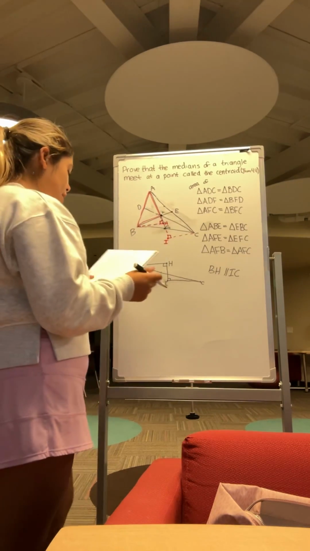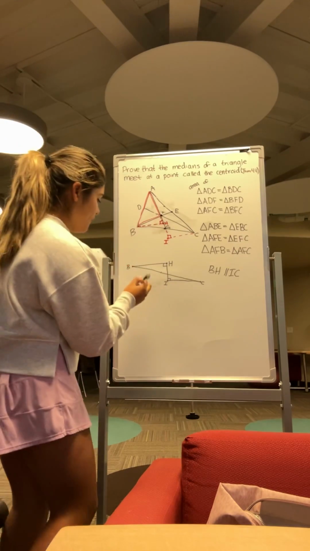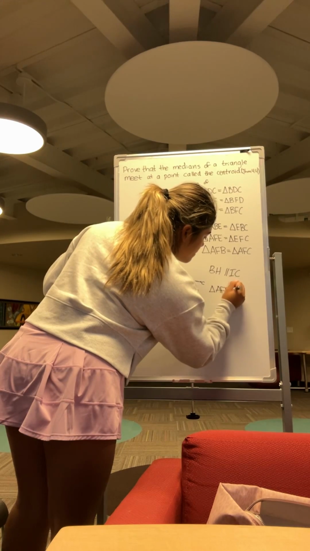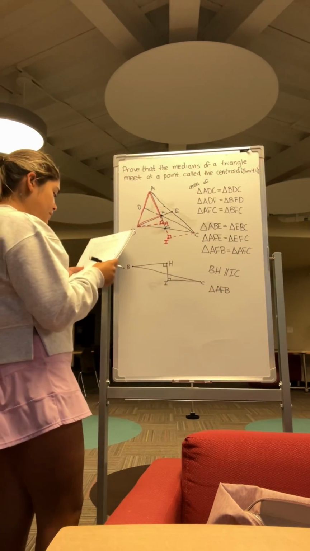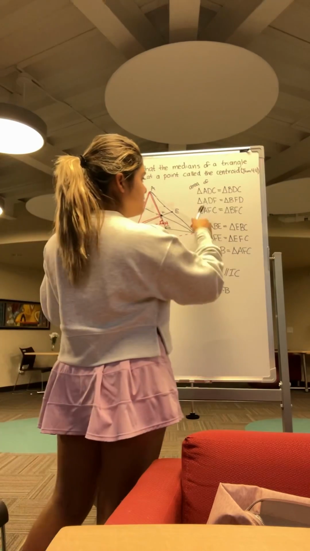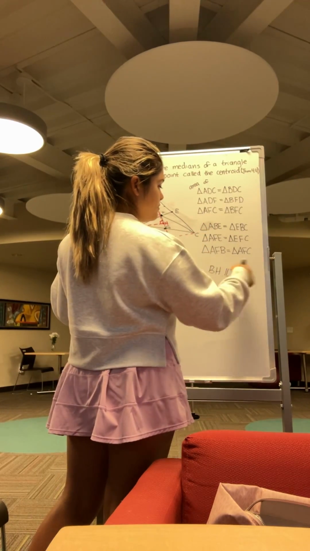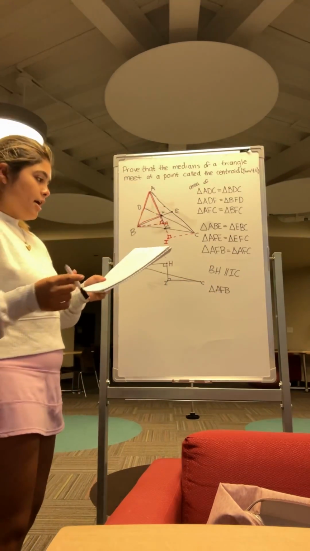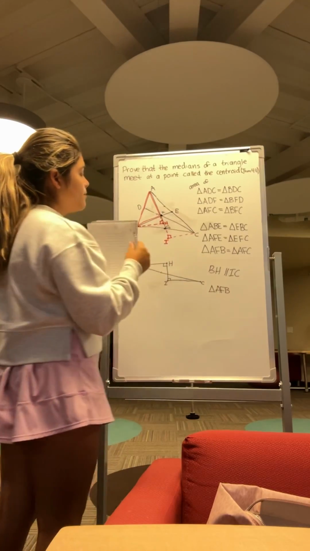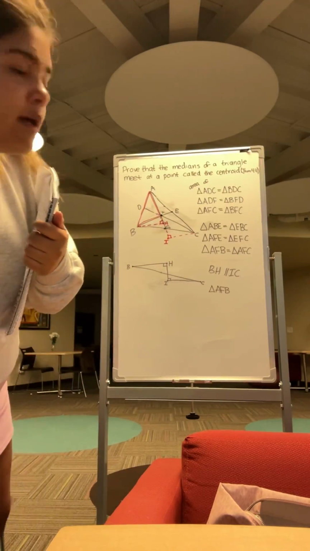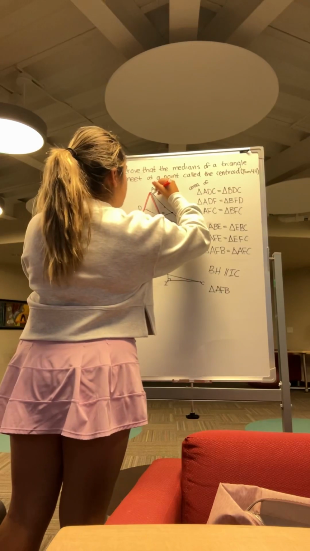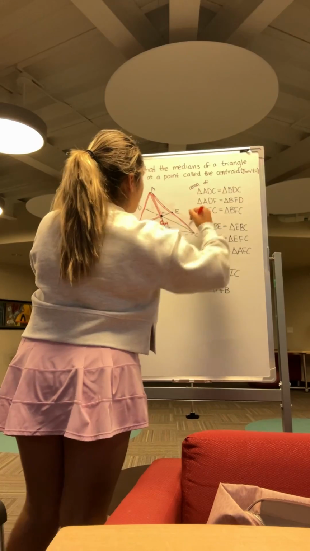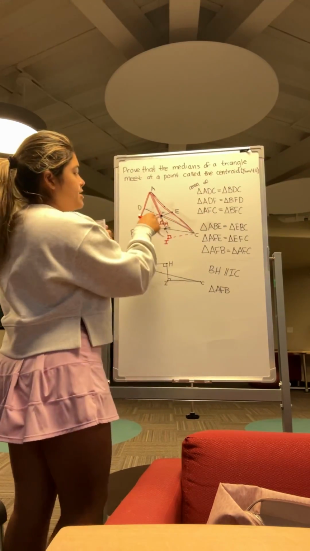And since triangle AFB and triangle AFC have the same area here, and they also share base AF, so here what we're saying is that these two triangles have the same area and they share base AF.